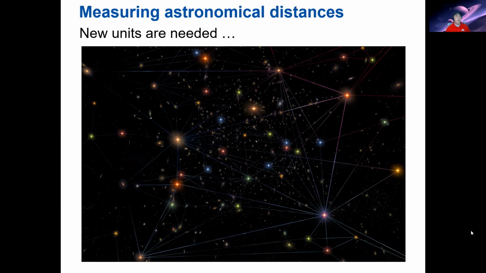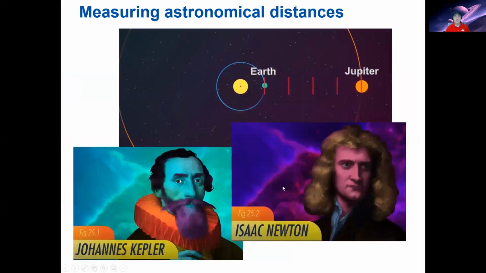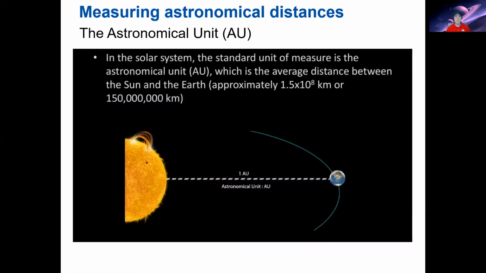For example, we know since the 1500s that Jupiter is about 5 times the distance between Earth and the Sun. This distance between Earth and the Sun is called the astronomical unit, or AU, and it is the standard unit of measure in the solar system.